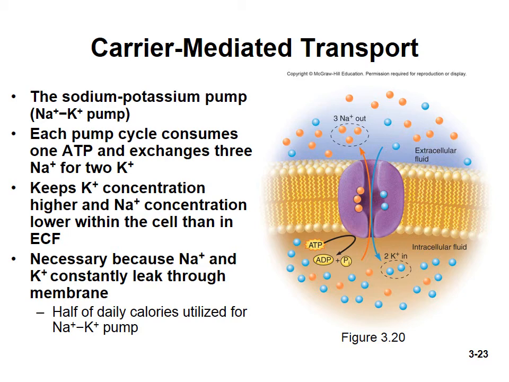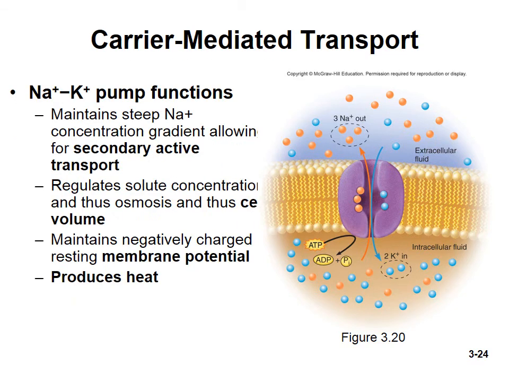Half of daily calories are utilized for the sodium potassium pump. Resting membrane potential, we're going to talk about in chapter 11. We're going to talk about local potential, and the resting membrane potential of a muscle.